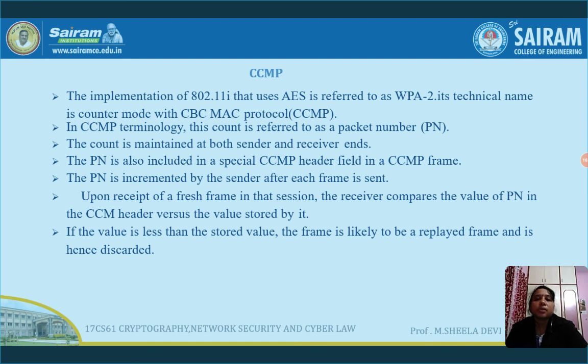The packet number value will be stored, and if the packet number value in the header and the packet number value calculated by the receiver are the same, then it will come to the conclusion that the data has not been changed or replayed. So this is how CCMP helps to provide integrity to us.